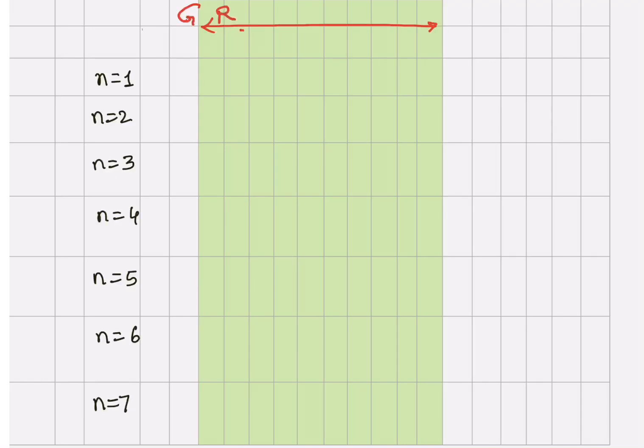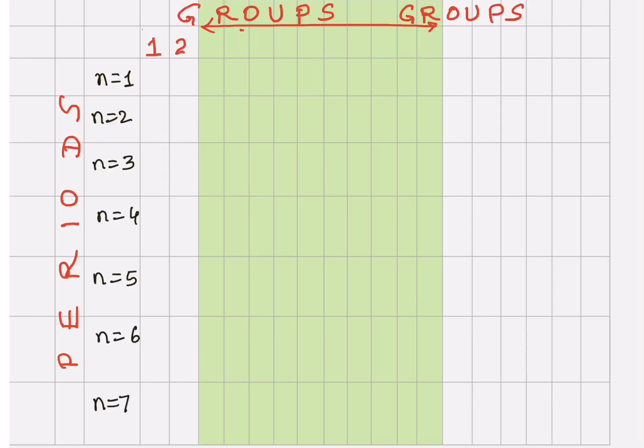Don't worry. What did I say? We said that we have the groups over here, right? All our vertical columns make the groups. All the horizontal rows are making the periods for us. Correct? And we had group number 1, 2. Only difference is the numbering.